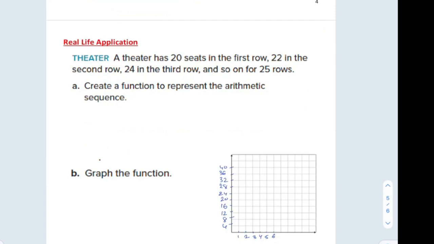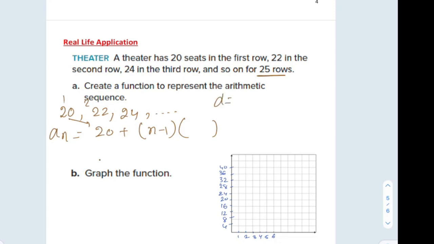A theater has 20 seats in the first row. We have 20 seats in the first row, so this is number 1. Row number 2 has 22 seats, row number 3 has 24, etc., until row number 25. So when you want to create the function, a_n is a_1, which is 20, plus n minus 1 times d.